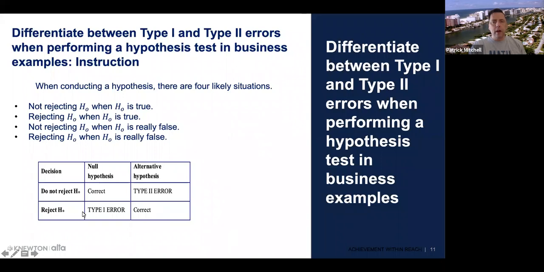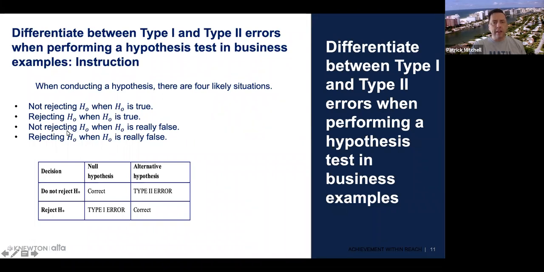So those situations are organized in this chart here. The first one, not rejecting the null hypothesis when the null hypothesis is true. That would be right here. Second one, rejecting the null hypothesis when the null hypothesis is true. That is called a type 1 error. Third one, not rejecting the null hypothesis when the null hypothesis is false.